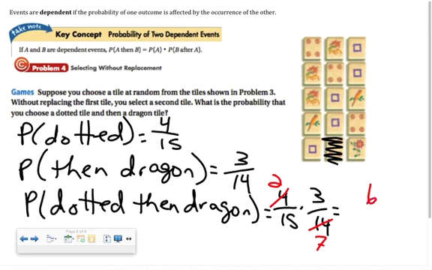So 2 times 3 is 6. Oh, I've got some more cross-reducing I could do. I almost missed it. So it's 2 over 35.